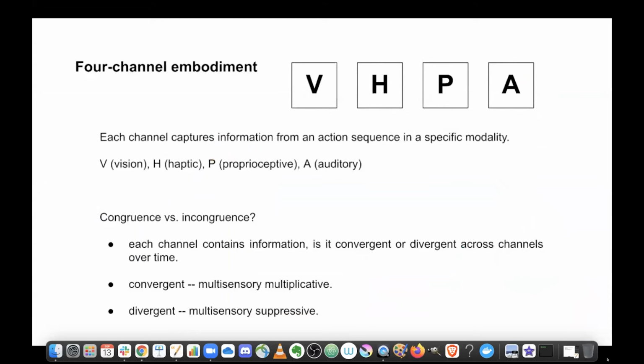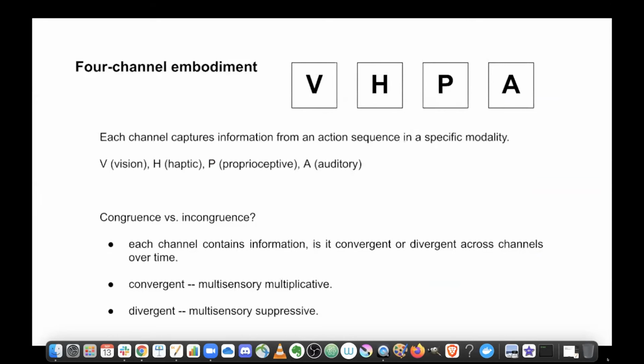So that leads us to this example called 4-channel embodiment. And we talked about this with the simulation of the roller coaster. In this case, we have 4 sensory channels, and each channel captures information from an action sequence in a specific modality: vision, haptic, proprioceptive, and auditory. The idea is that these pieces of information should be congruent. And the question is, if they're not congruent, then there's less Gibsonian information.